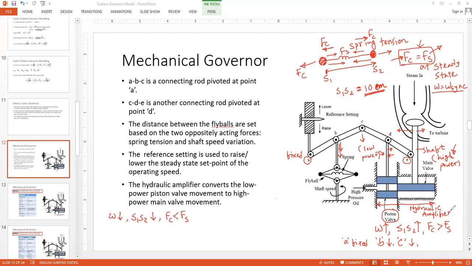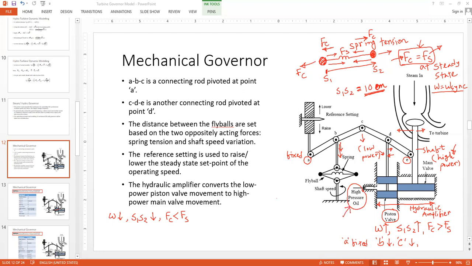Why is it an amplifier? Because it transforms a low power input to a high power output. Why is it hydraulic? Because the mechanism runs with the help of some fluid movement, some high pressure oil movement.